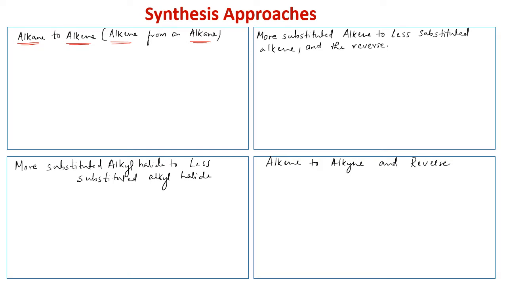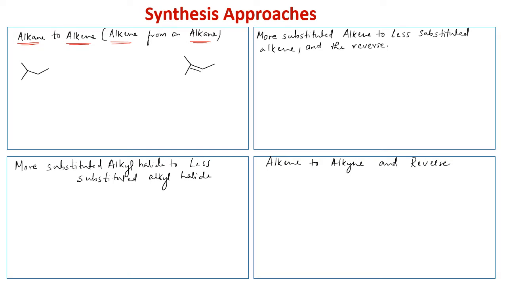So let's start off with something simple. Let's say we have an alkane like that, and I want to convert it into an alkene.